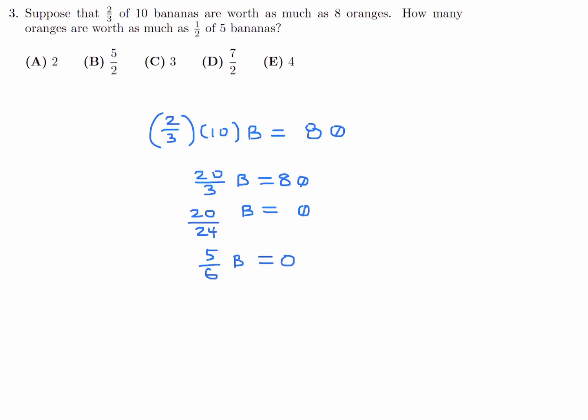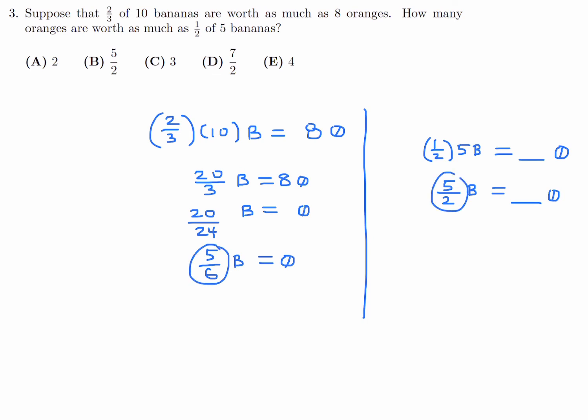All right, so far so good. What they want is how many oranges are worth 1/2 of 5 bananas. So 1/2 of 5 bananas. This is the equivalent of saying 5/2 bananas is equal to how many oranges? All right, well, this looks very similar to this number.